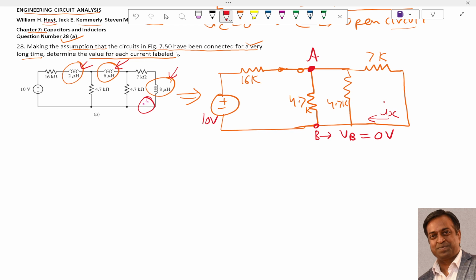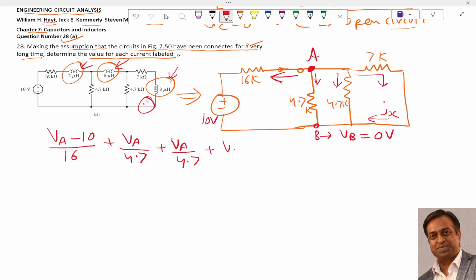Applying KCL, the current equation will be (VA minus 10) upon 16, plus VA upon 4.7, plus VA upon 4.7, plus VA upon 7, equal to 0.